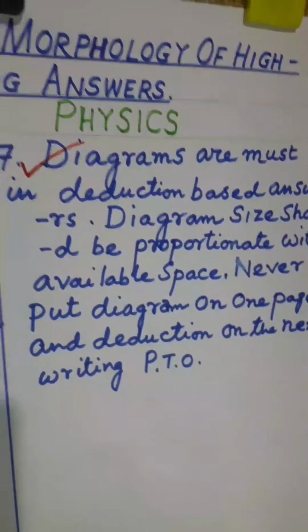Your diagram, in an answer which is based on deductions, should be drawn, or such a question should be started, say here. The diagram is here. This is the space left for the body of the deduction. This whole page is left for the body of the deduction.